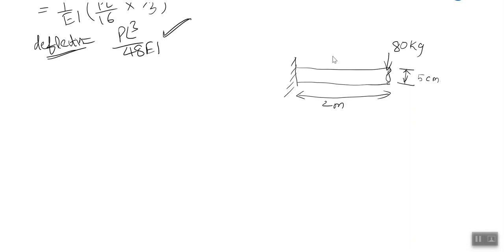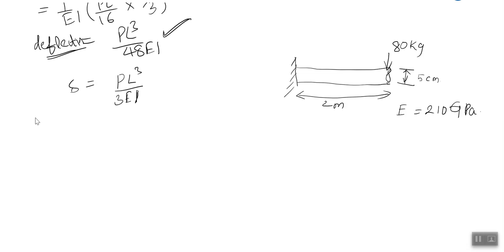Now we want to find out the deflection at this location at the end, and we know that the deflection formula for a cantilever beam is deflection is equal to P into L cube by 3 times E into I. As we said, this is made of steel. Its Young's modulus is equal to 210 gigapascal.